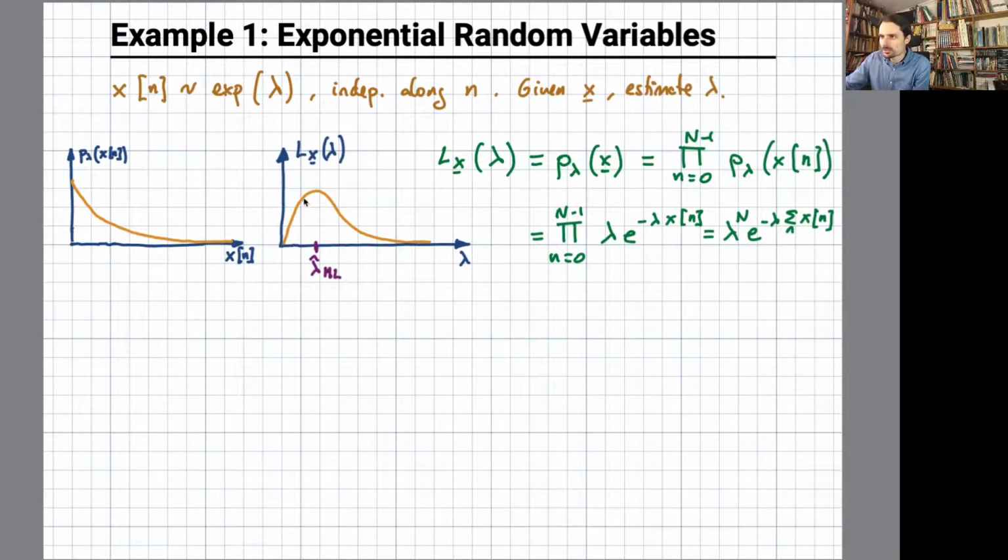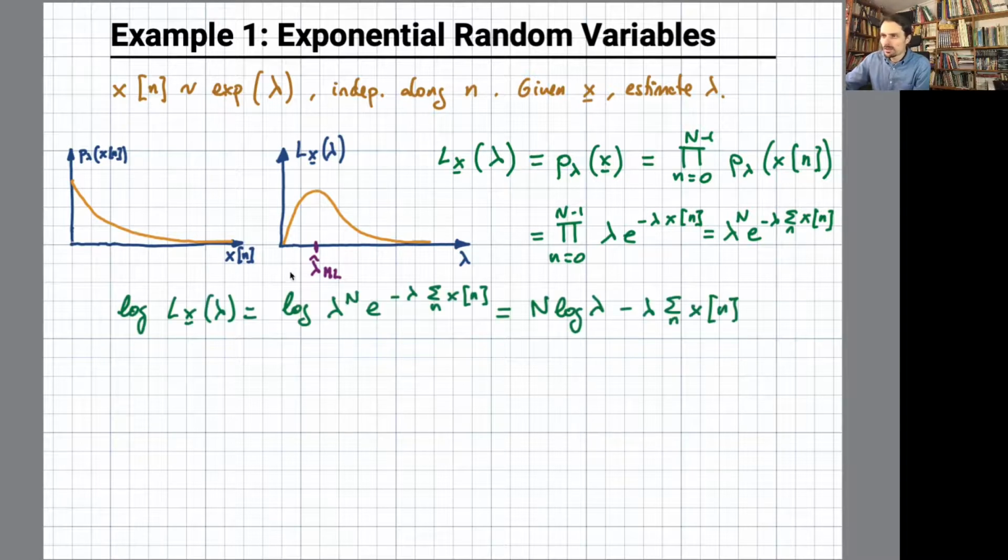This figure shows the likelihood function where we can see the maximum likelihood estimate, which is at the maximum of this curve.